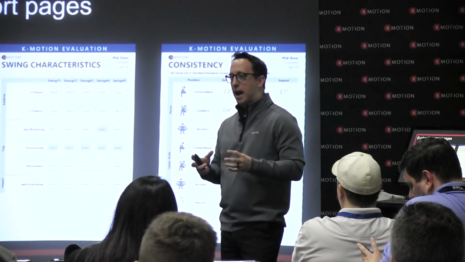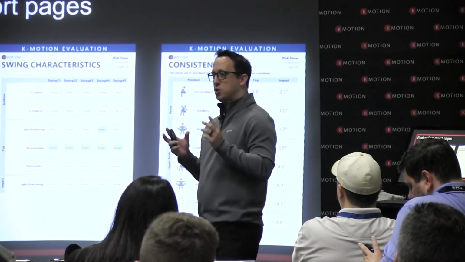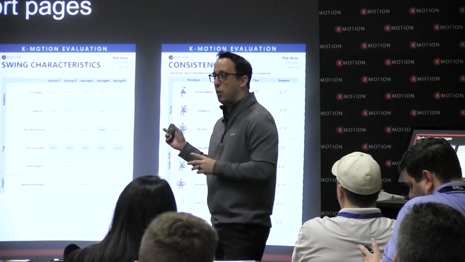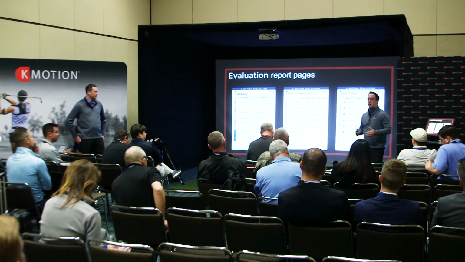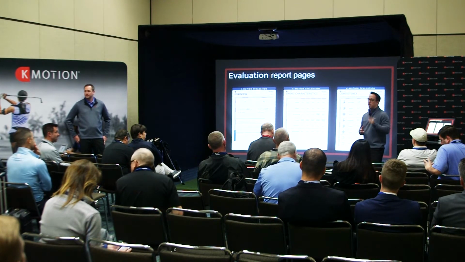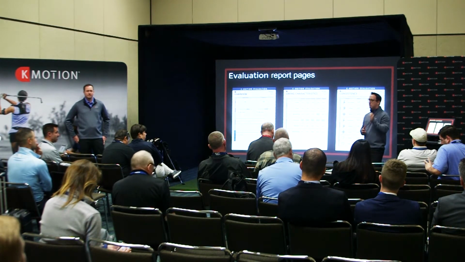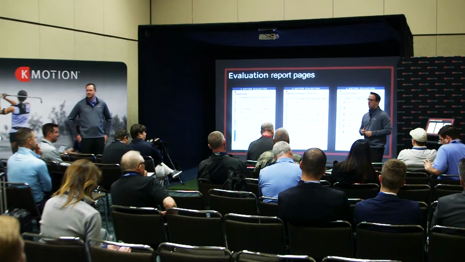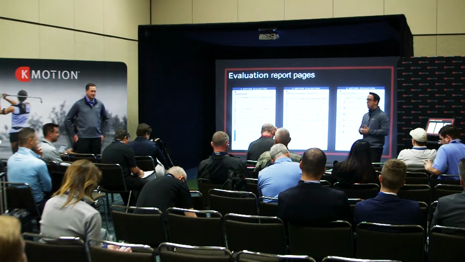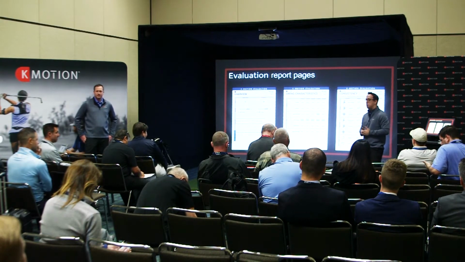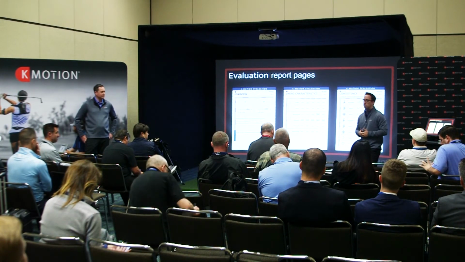But try and find out as much information as you can, because it's going to make your life a lot easier when you're going into the evaluation, because you might find multiple red flags and you want to know the one to work on that's going to have the most significant emotional connection with that player, because that's what's going to help them improve the most or feel the best about improving, and then ultimately getting them to stick with you for a long time.